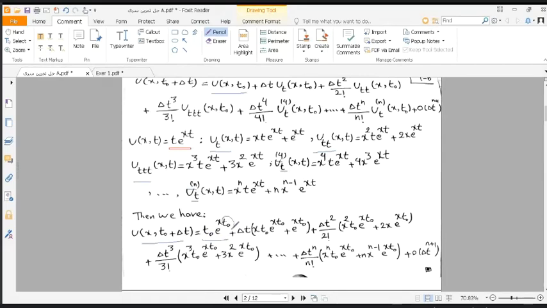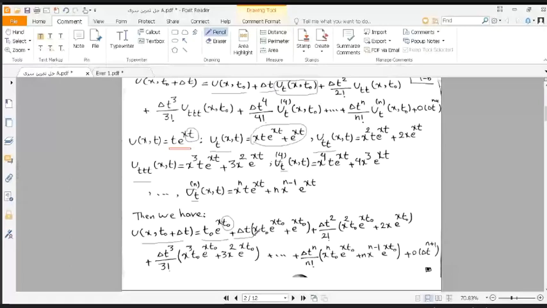We should put t0 instead of t. Please pay attention: in Taylor's theorem, we should put t0 instead of t. For the second term, we have delta t, and for ut at x and t0, we write x t0 e to the power x t0 plus e to the power x t0.